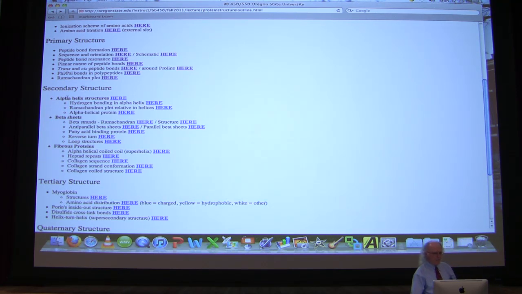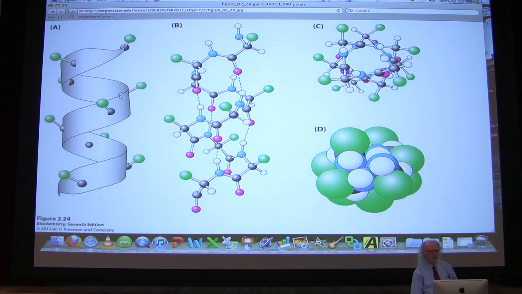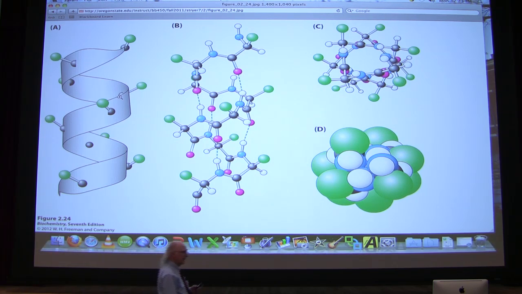Well, let's think about this. Here is a regular repeating structure we commonly find in proteins. It's one of the structures for which Linus Pauling was recognized ultimately with a Nobel Prize. It's called the alpha helix. The alpha helix, as you can see by the structure on the screen, is a regular repeating structure.